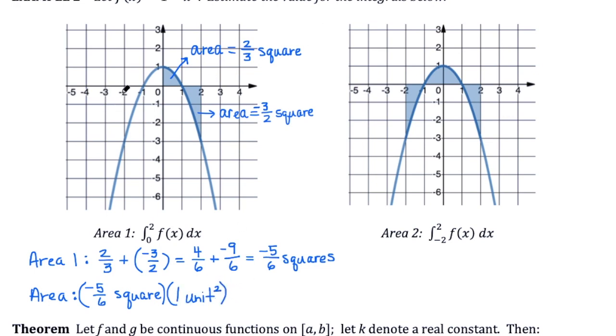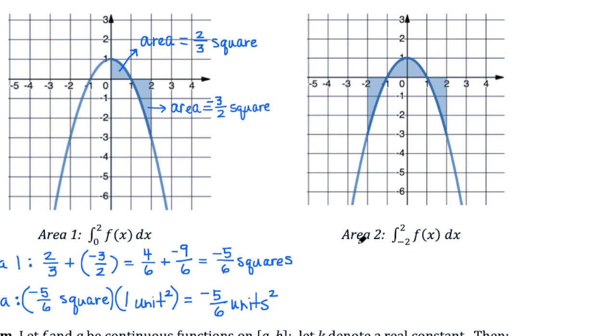But this is where you have to be careful, because if your scale was different, for instance, if this x-axis went by 5 units, then one little box would actually represent 5 units on one side, 1 on the other, and it would be equivalent to 5 square units. In any case, if I have -5/6 squares and each one of those is 1 unit square, multiply those together, and my area will be -5/6 square units.